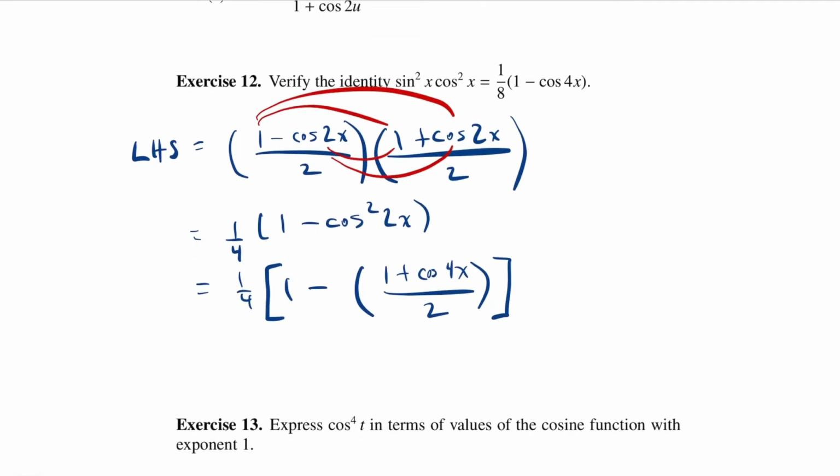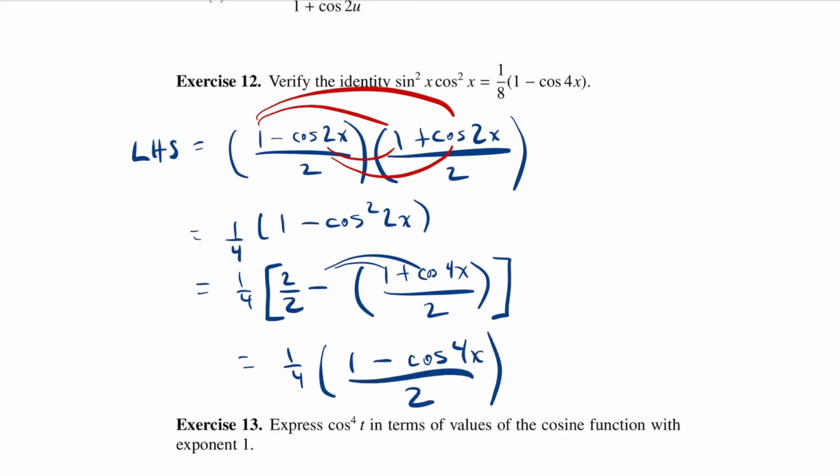All right, and now let's see. I'm going to rewrite the 1 to be 2 over 2, just so that I have a common denominator. And then I'm going to distribute the negative. So now I have 1/4, 2 minus 1 is 1, minus cosine 4x over 2.